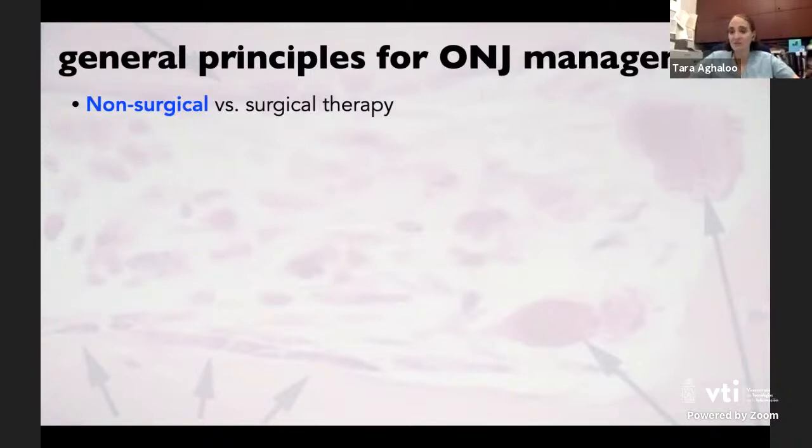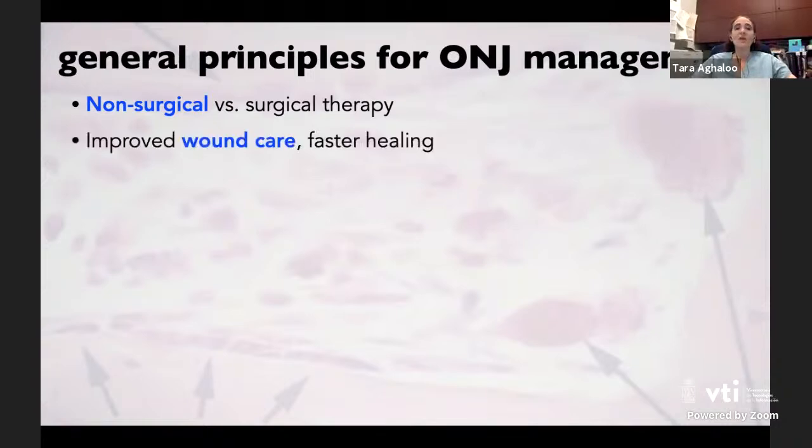There are many surgeons out there who want to do surgical therapy, and the patients want that, and I think that's fine. But I really just want people to think about non-surgical therapy as an option and offer it to the patients. How fast the healing is depends on how good the wound care is. If the patients can't do good wound care, then it's not going to heal very well. So again, something to think about and to let the patients know.